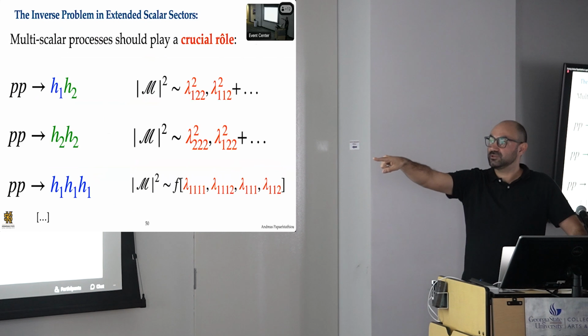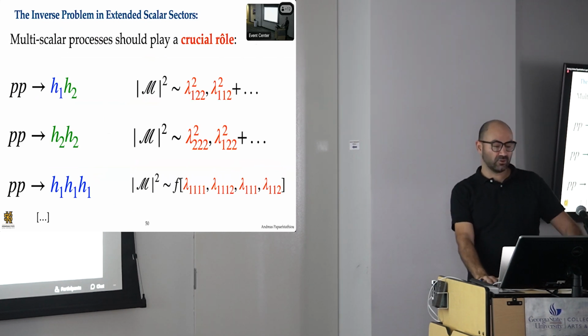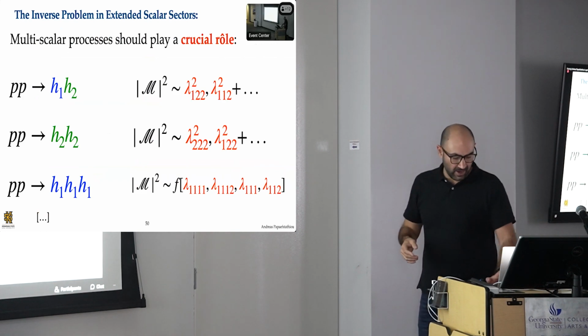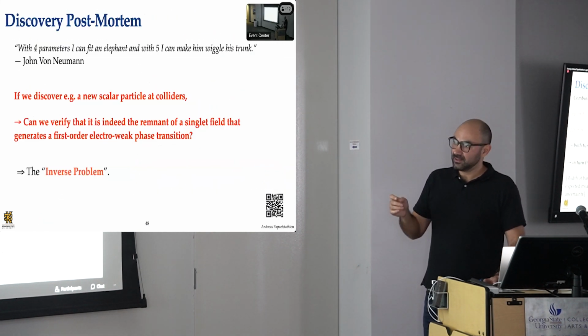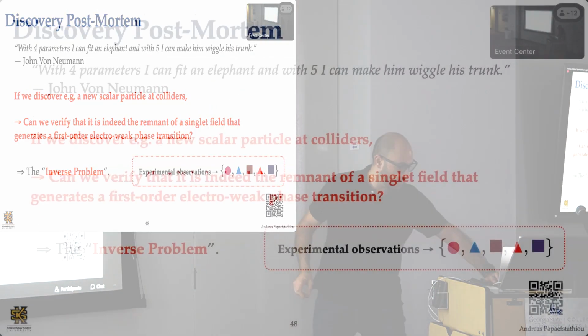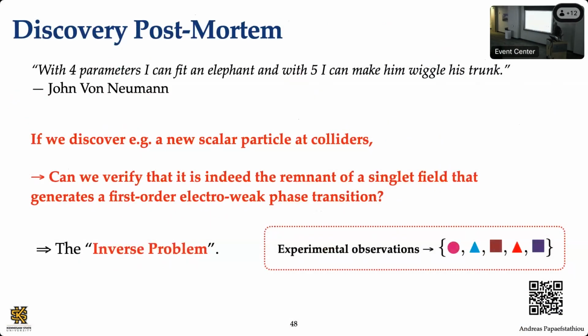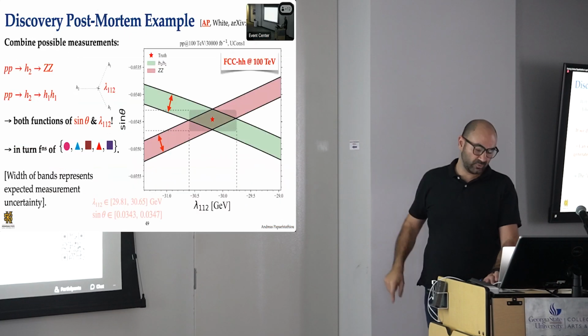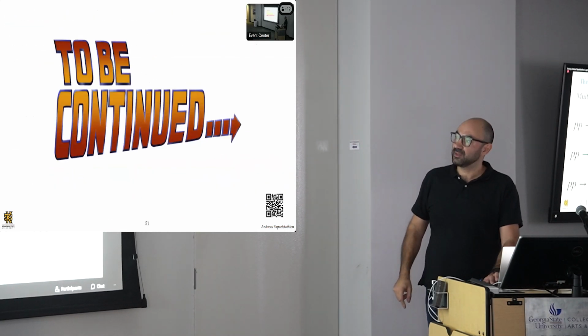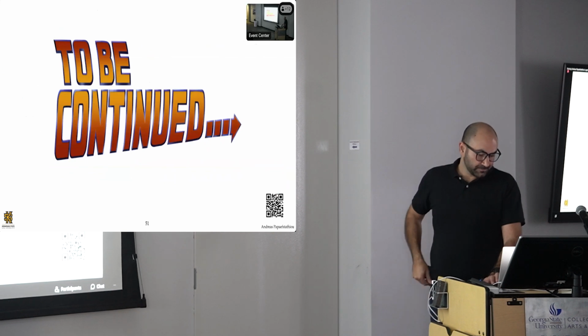And the same goes for 2 new scalars or 3 Higgs bosons and so on. So if you want to figure out what the parameters of the theory were, you have to have enough measurements to go from experimental observations back to these parameters. And this is an ongoing work.